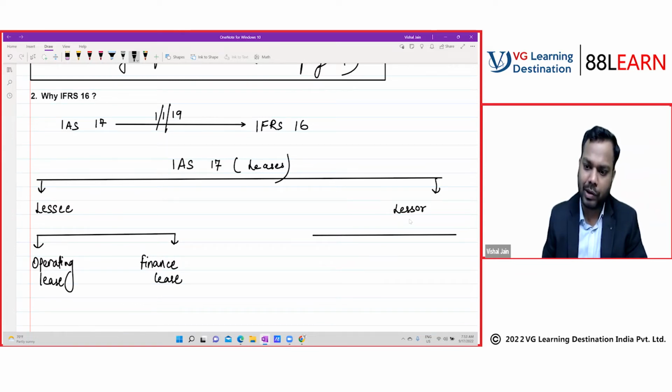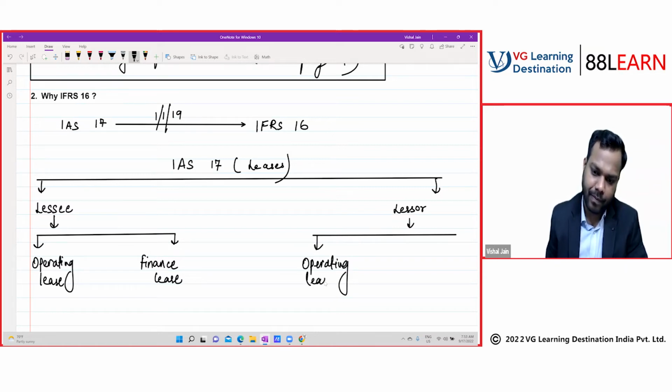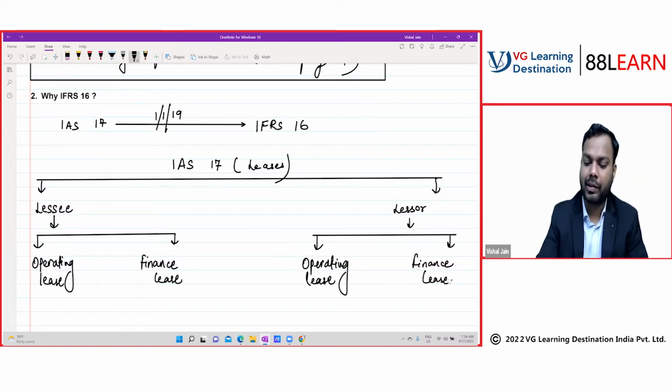Again, the lessor will also classify the same way: operating lease and finance lease.